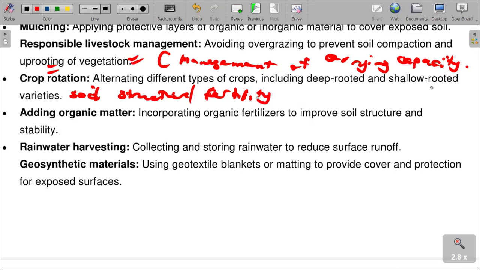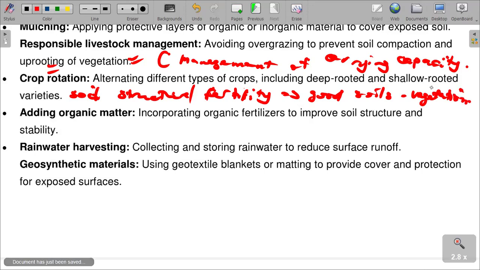Soil fertility is improved, and at the end of the day we have good soils which are able to protect and provide good vegetation cover. So these can be quite important practices that help to reduce soil erosion.